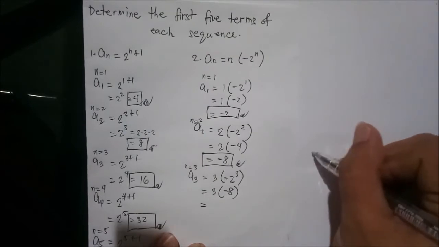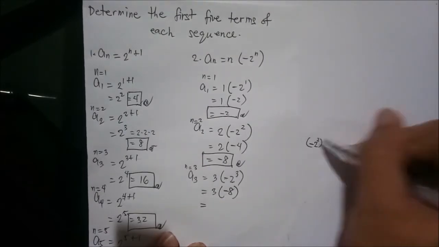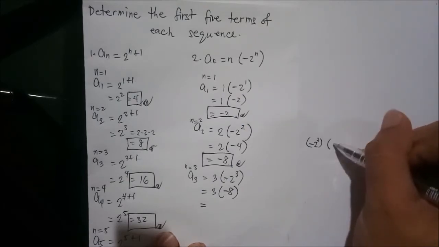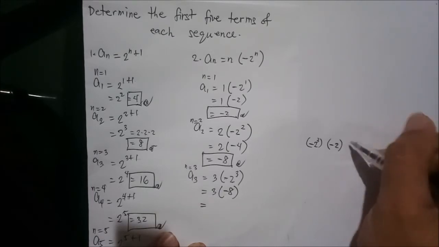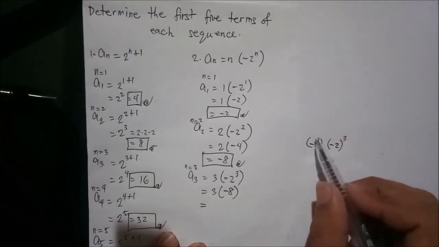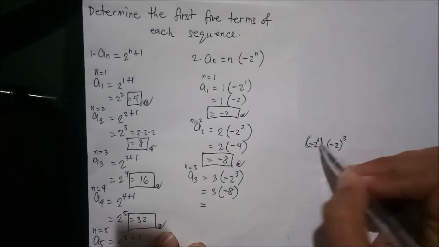Because in negative 2 to the power of 3 without parentheses, only 2 has the power of 3.